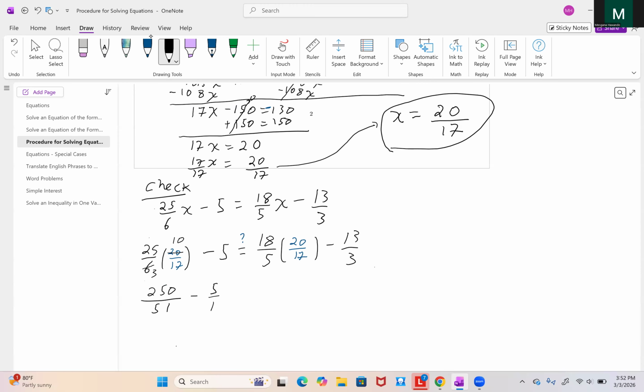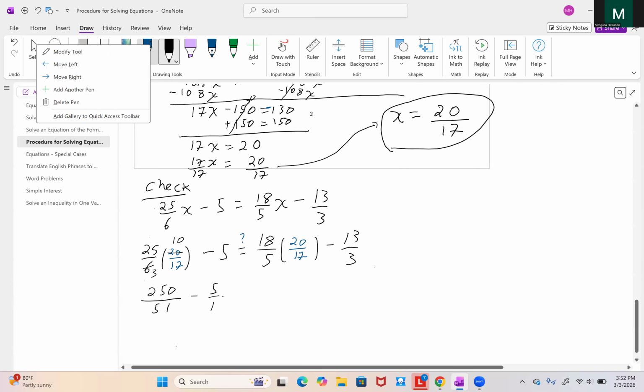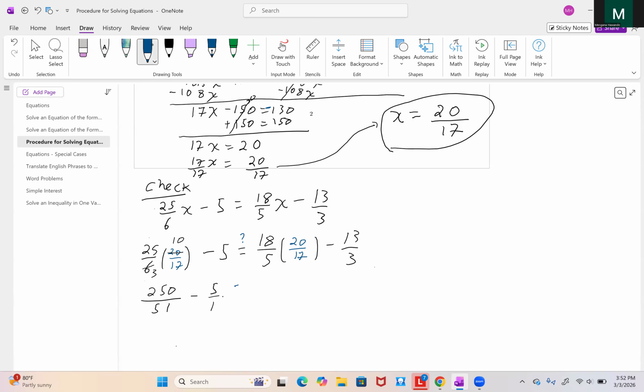So we want to multiply this by 51 over 51. On the next step, we just evaluate the product, equal to question mark. By 5, 1. The 20 and the 5 have a common factor. By 5, 4.